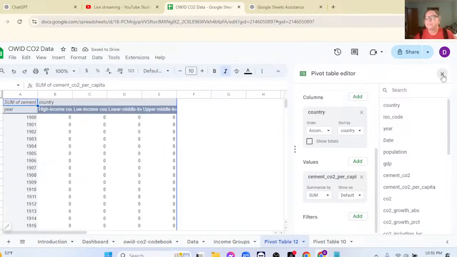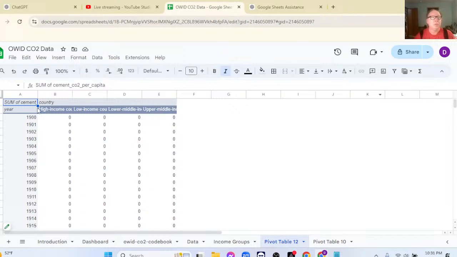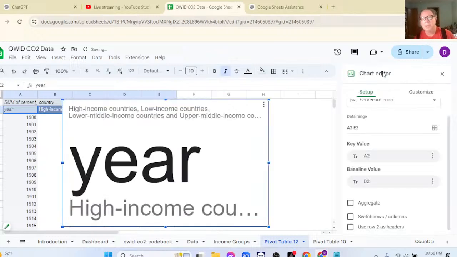Okay, let's leave it there. And we can do the filter in the plot.